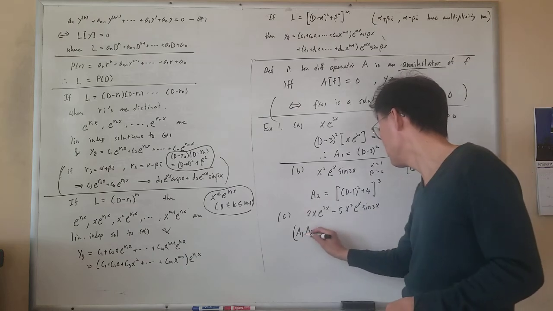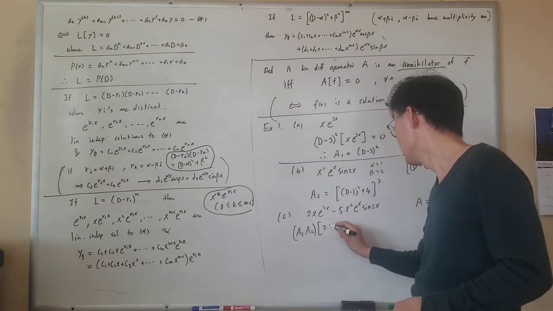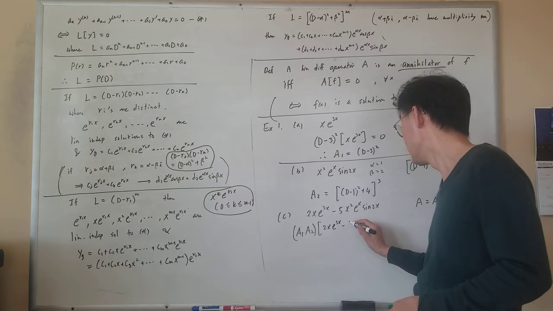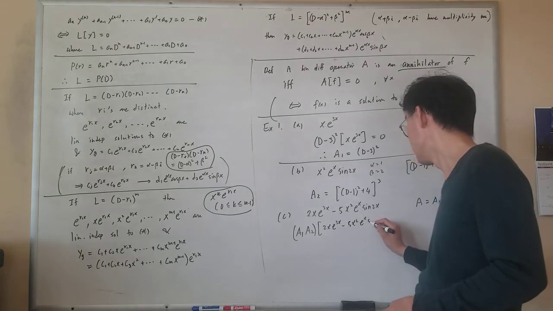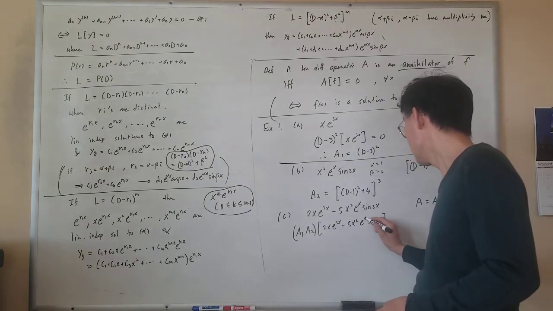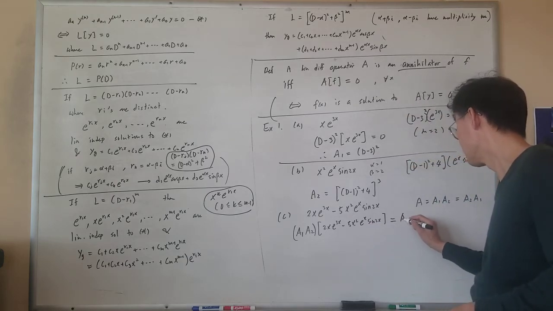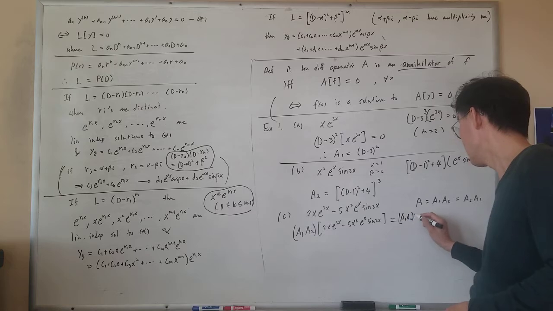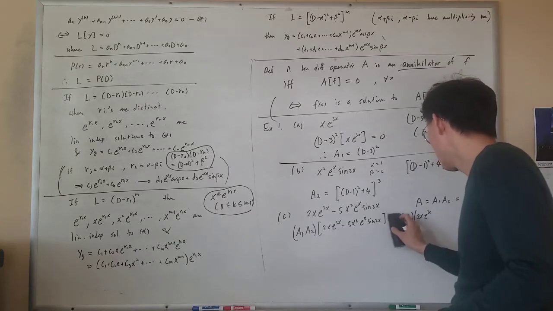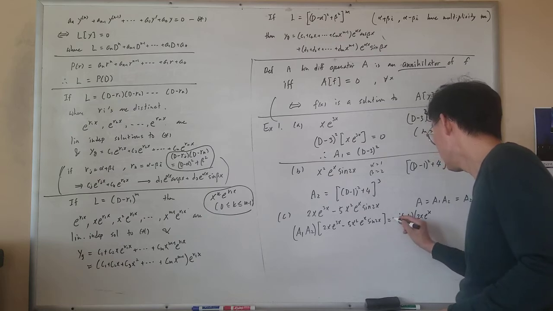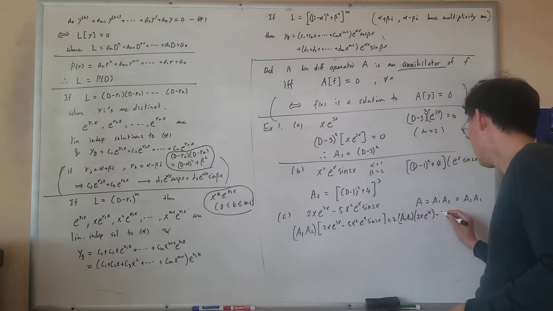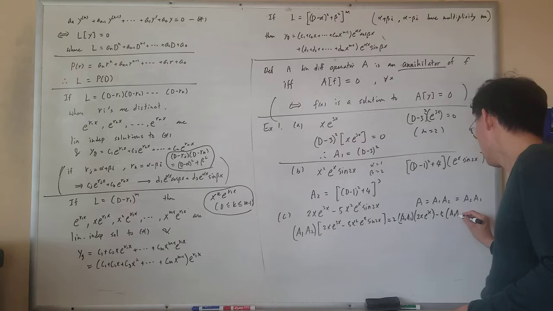Then if you combine this one, because it's a linear operator, you can split it over constant coefficients. Constant coefficients can be taken out of it: minus 5, a1, a2, x squared e to the x sine of 2x.